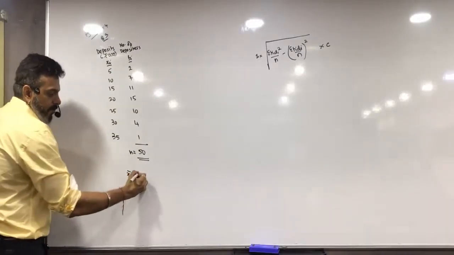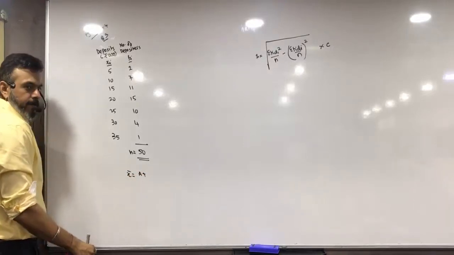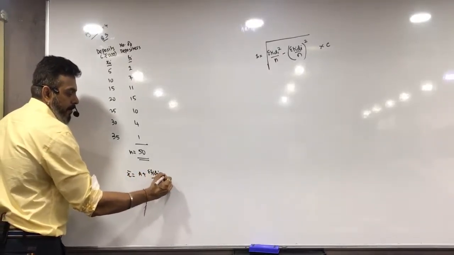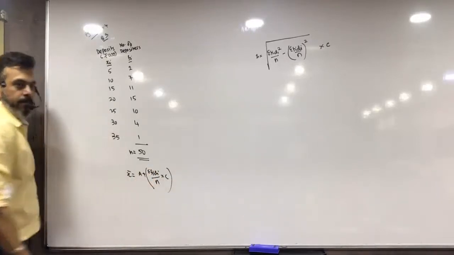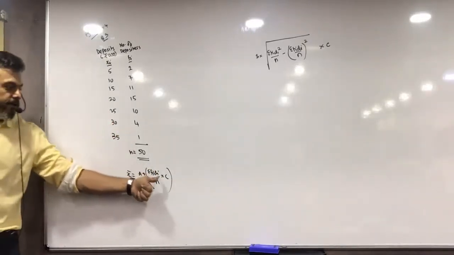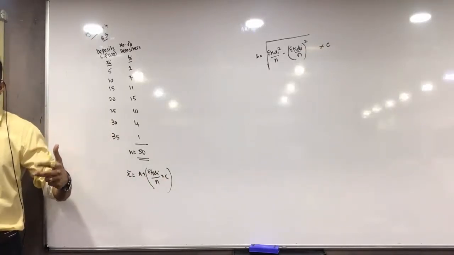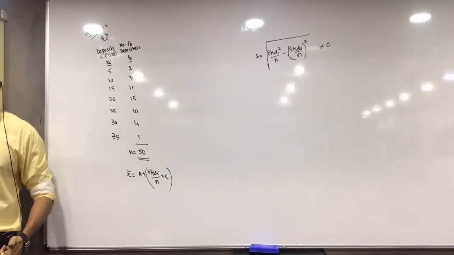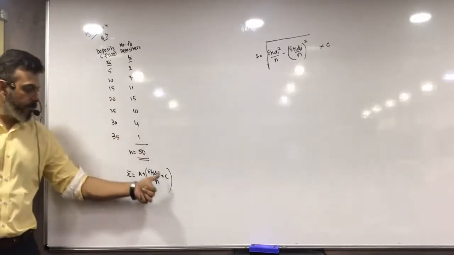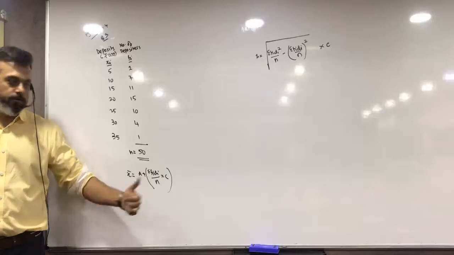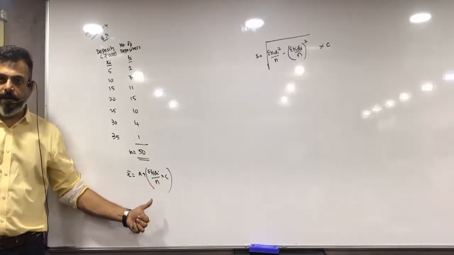So x bar is equal to, we'll use the shortcut method, a plus sigma fi di upon n into c. It is discrete, so it is not the class length. It is the common difference between two consecutive variables. Understood? If you don't use c, don't multiply either. If you are using c, multiply c here.